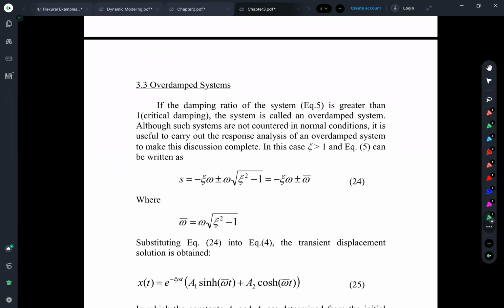We introduce zeta greater than 1, and what we find is the solution becomes a complex conjugate. It contains the term of an imaginary number. You know about a plus bi, right? When you're talking about real and imaginary numbers, this is a complex number. You contain something like the square root of -1 here.